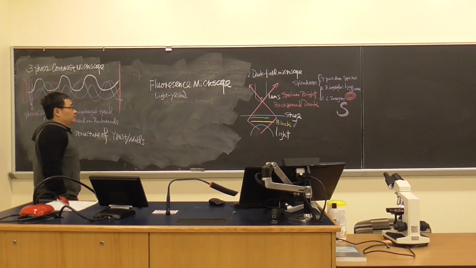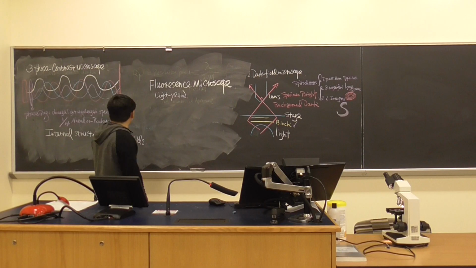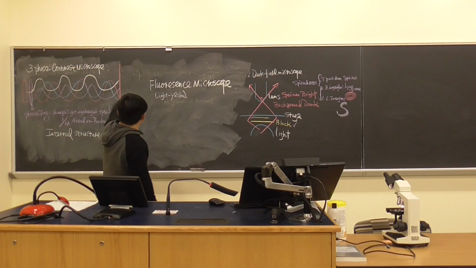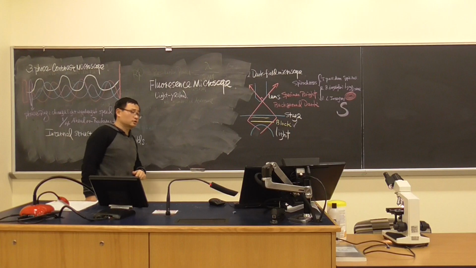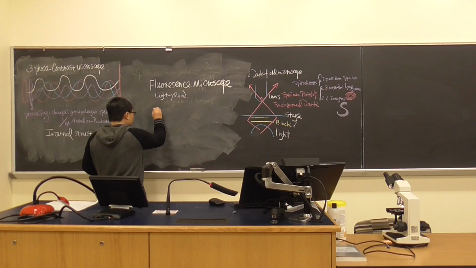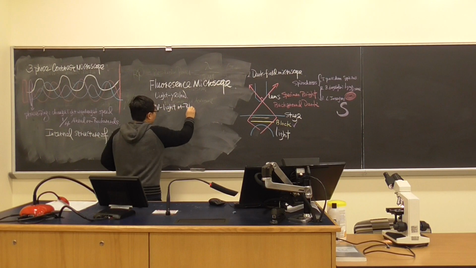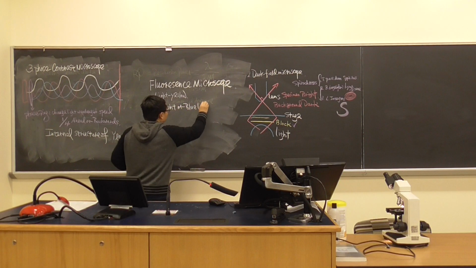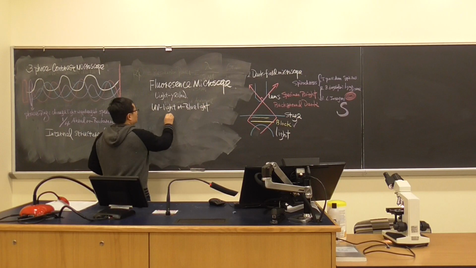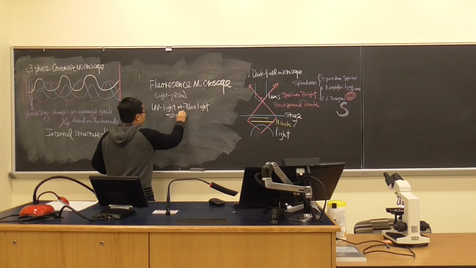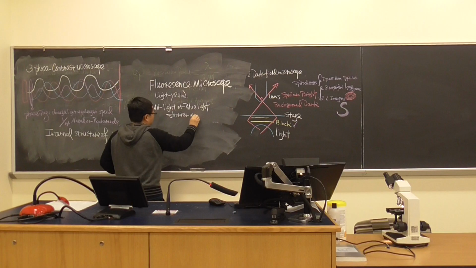The difference of the fluorescence microscope compared to dark field, phase contrast, and the light microscope is that the energy source is UV light or blue light. What does this mean? This gives you a much shorter wavelength.